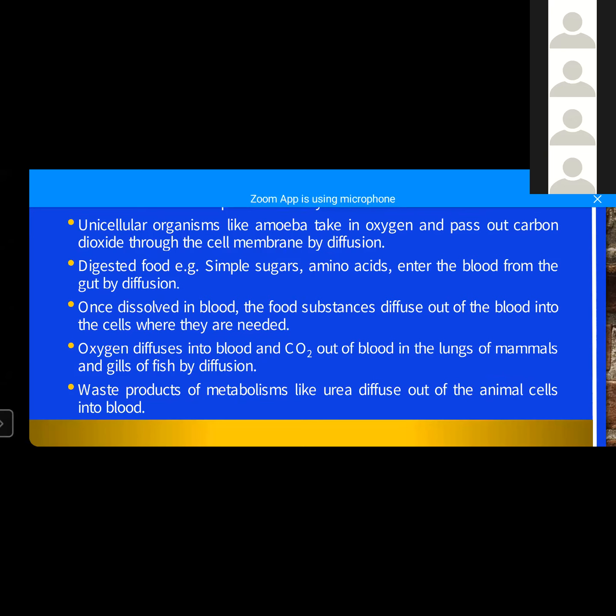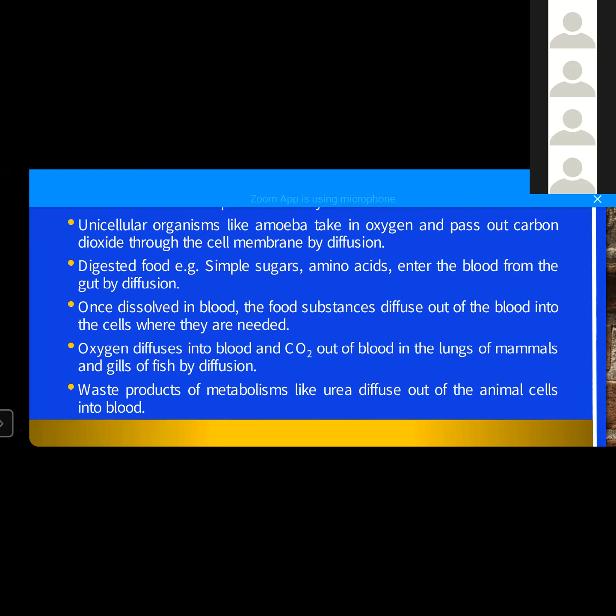After digestion, you have a high concentration of these digested food substances in the ileum compared to the bloodstream. So the food nutrients will diffuse from the area where they are highly concentrated to the bloodstream where they are less concentrated.